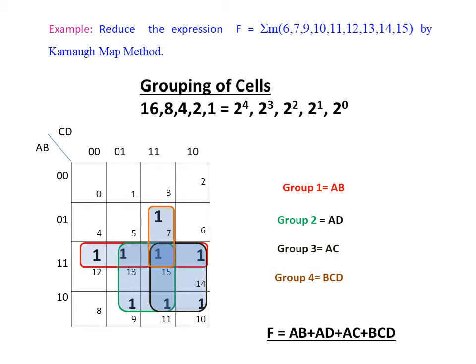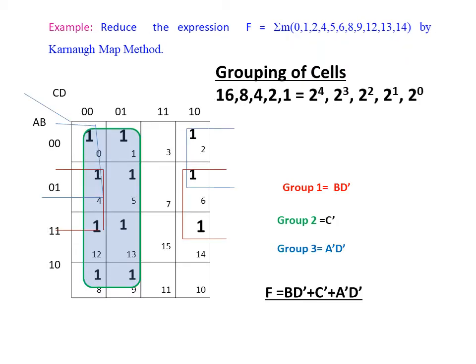The common between these two is B and the variable at this location is CD, so BCD is the answer. Now we add all these to get the final reduced expression. When grouping with two cells, we eliminate one variable. Our aim is to reduce the expression, so if we group the maximum number of ones, then the literals will be reduced.